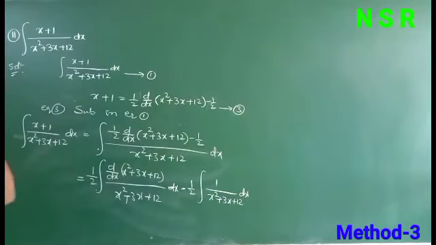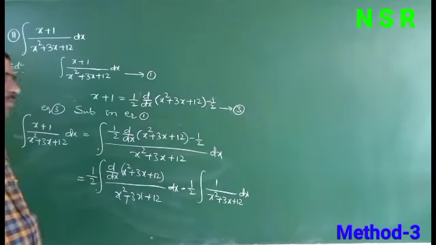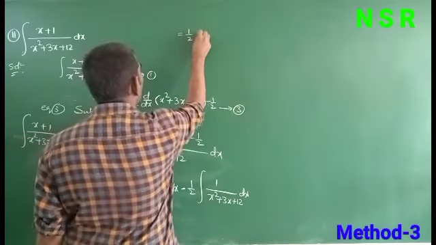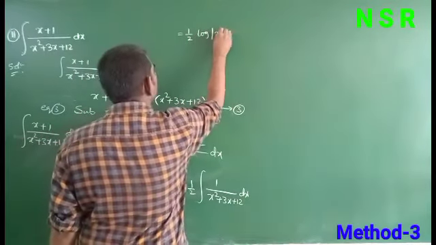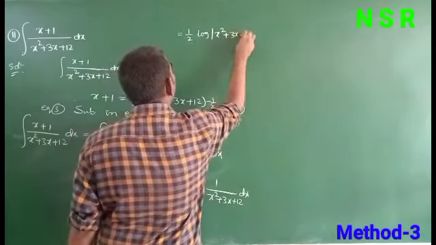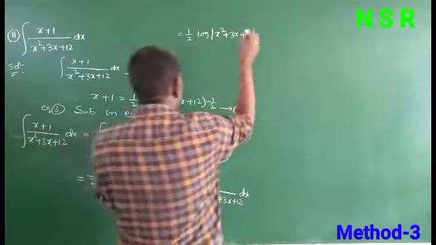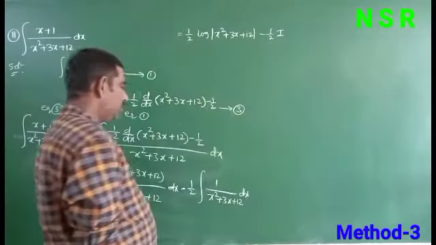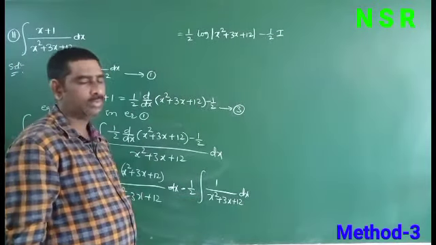So here apply the formula: integration of f dash x by f of x is equal to log mod f of x. So it is equal to 1 by 2 into log mod x square plus 3x plus 12, minus 1 by 2 into I. So next we have to find this value.